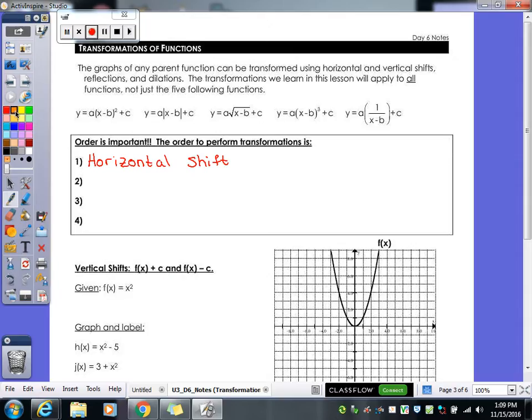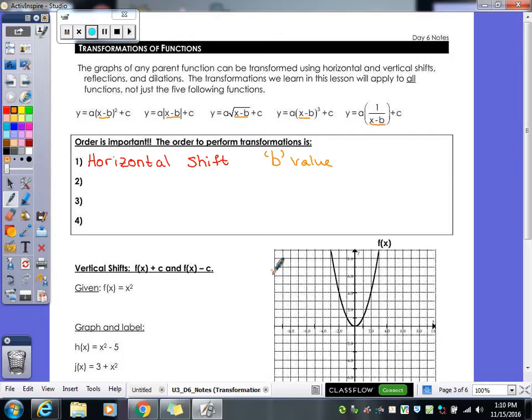In your equation, that would be your b value. So if we take a look at my examples up here, you'll notice your b value is always directly next to x. So that's why we take care of that one first. We always start with what's closest to x, and you work your way out with your transformations.